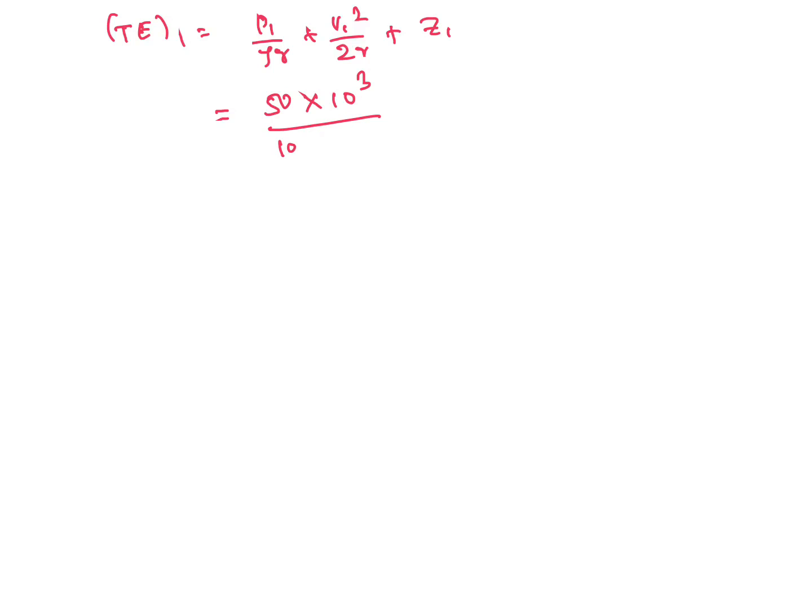Total energy at one point is P1 by rho g plus V1 square by 2g plus Z1. So 50 into 10 to the power 3 divided by 10 to the power 3 into 9.8, V given as 2 meter per second, 2 square 4, 4 by 2 into 9.8, Z1 given 10.